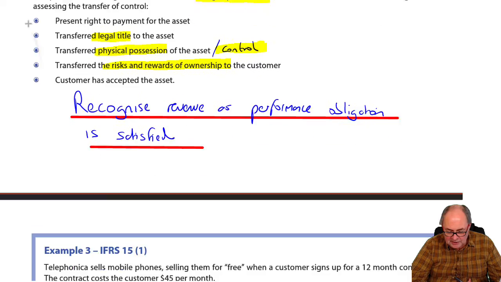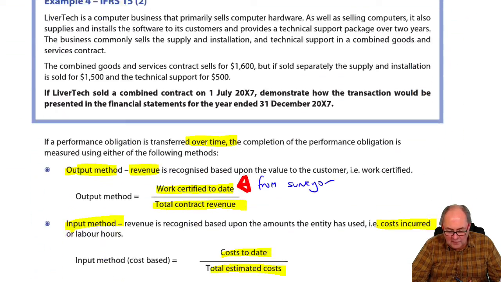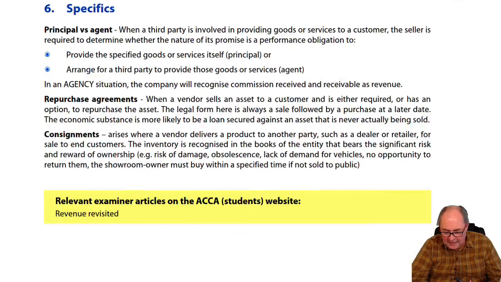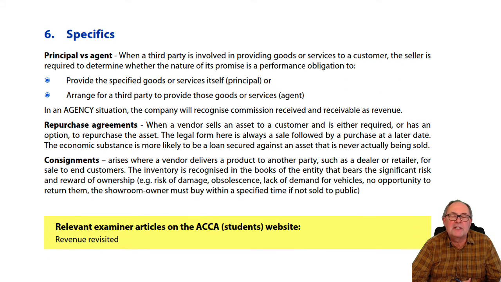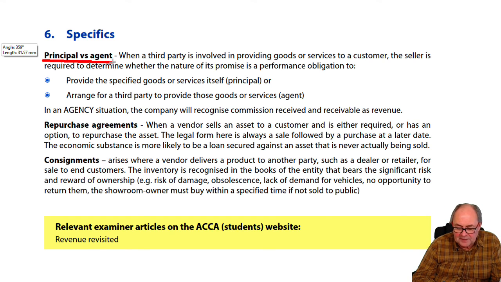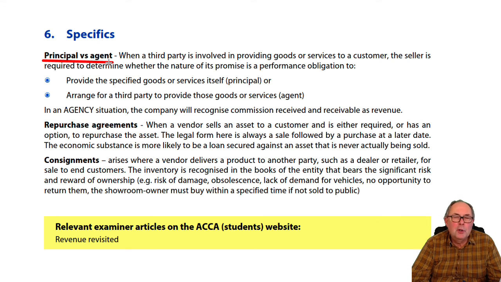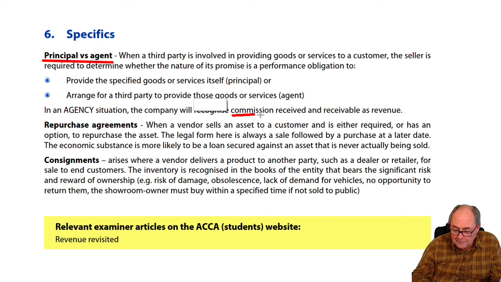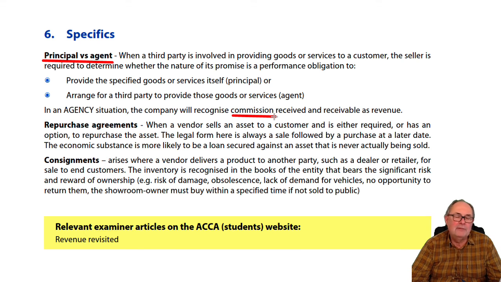In the notes, there are a couple of other points that are made. Let me just come forward there. There we are. Couple of specifics, which are probably things you've seen before, but we'll mention briefly. Principle of the agent. So if you book your honeymoon at a travel agent, the travel agent will of course only take the commission, and that should be their revenue. The travel agent is not the person in the hotel who makes your bed and puts chocolates on your pillow.